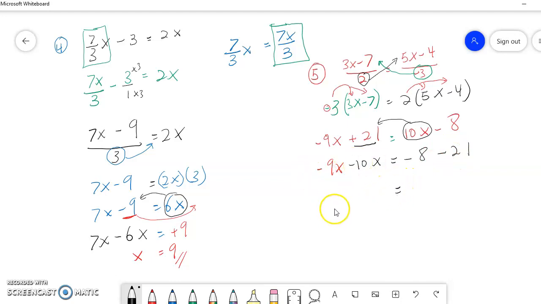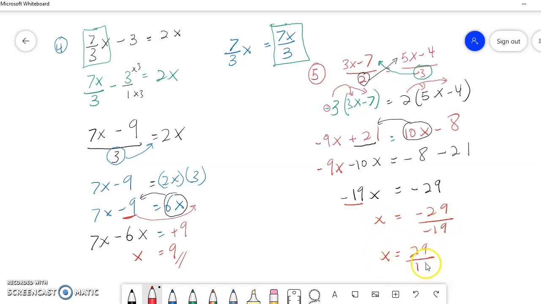Now here we solve this. This one will be negative 19x, and here is negative 29. This negative 19, we move to the opposite side, and it becomes divide. So your x answer is 29 over 19. This is your answer.